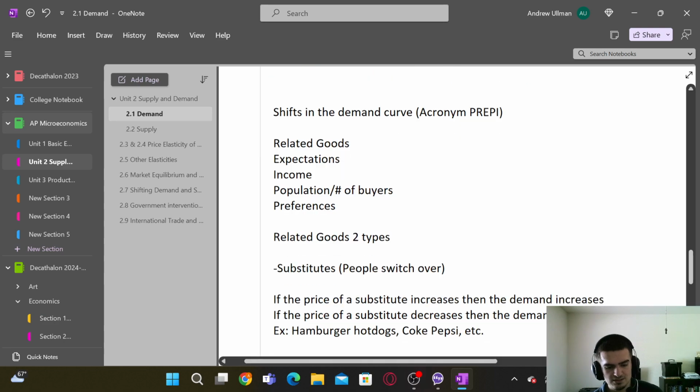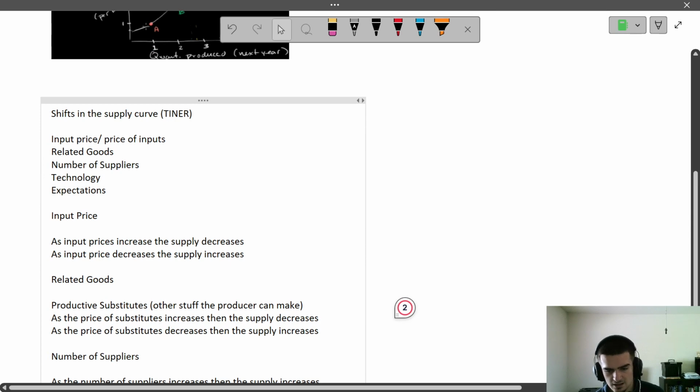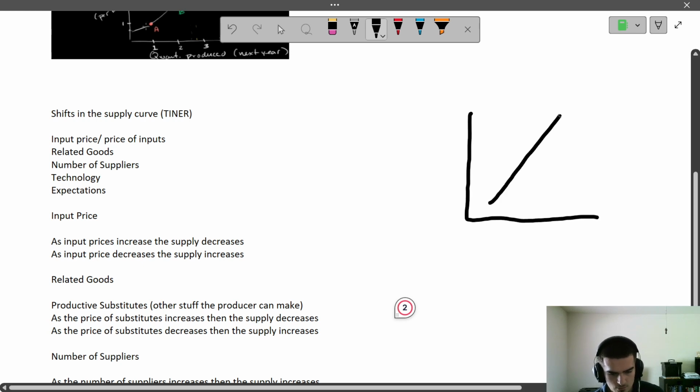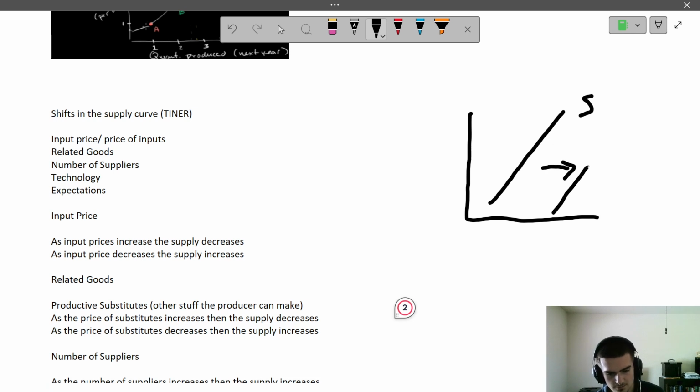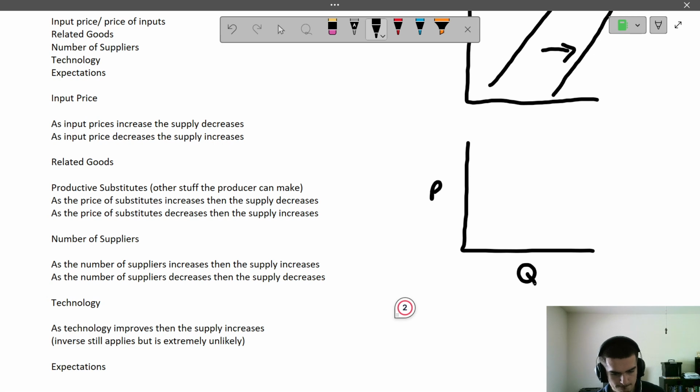I probably should have mentioned this, but an increase in supply and demand would look something like this. If supply increases, then the curve moves, right? And the same thing with demand. If demand increases, then you draw the demand like that.